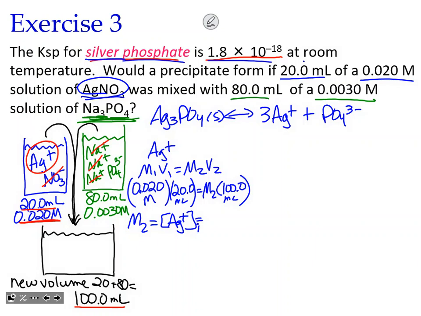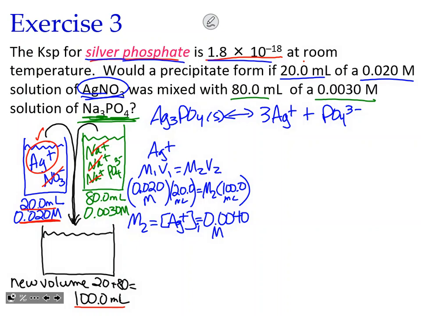I guess I should put an initial there, with the I. So what is the initial concentration of our silver then? 0.0040. Is that correct? Yay, okay. So that's our silver now. We have that checked.